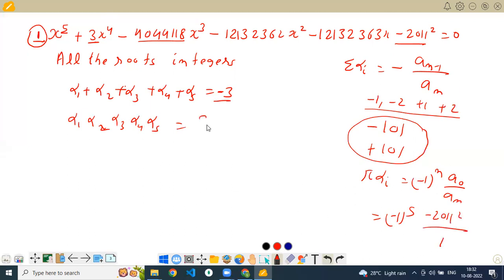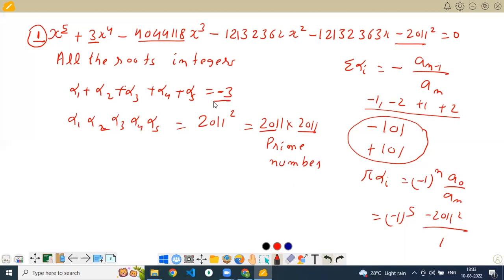So the product comes out to 2011 square, which is 2011 multiplied by 2011. And the best part is, 2011 is a prime number. So you cannot factorize it further.